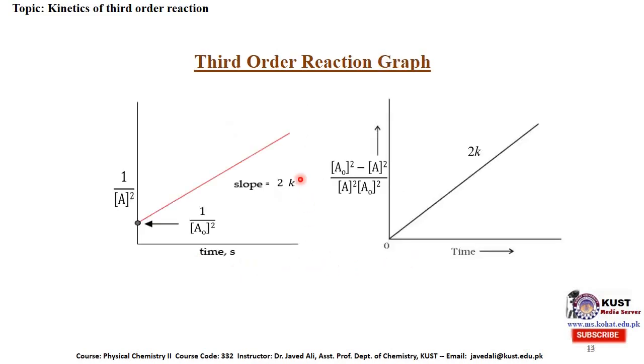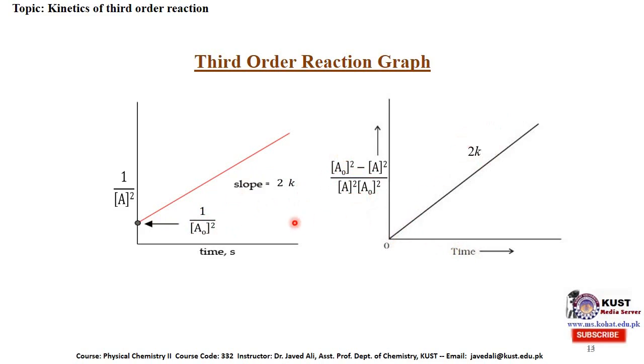As we discussed earlier, we can plot 1 divided by a square versus t, and we will get a straight line equation with slope 2k and intercept 1 divided by a naught square. Similarly, we can plot (a naught square minus a square) divided by a square and a naught square versus t. We will get a straight line equation with slope 2k and 0 intercept.